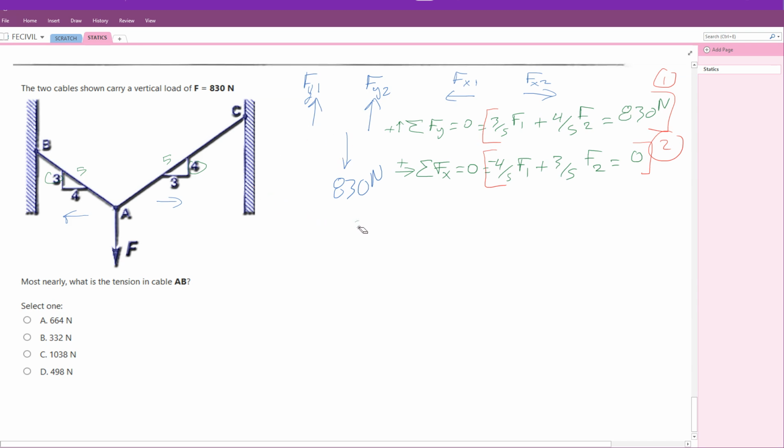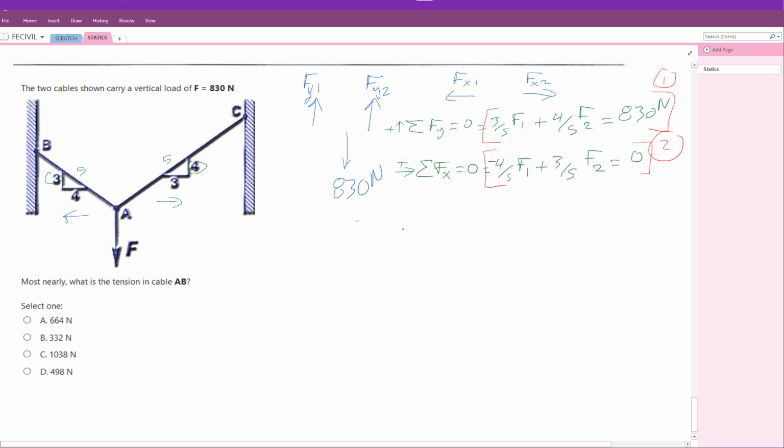What I want to do is solve for one unknown in terms of the other, trying to approach it to save time. Since they are asking us just for F1, we can manipulate the equation so we can solve for this one first to save time.